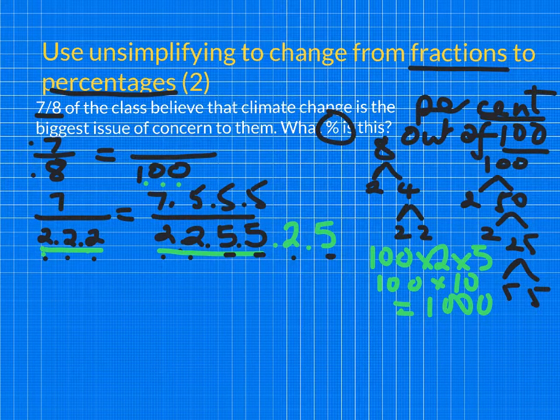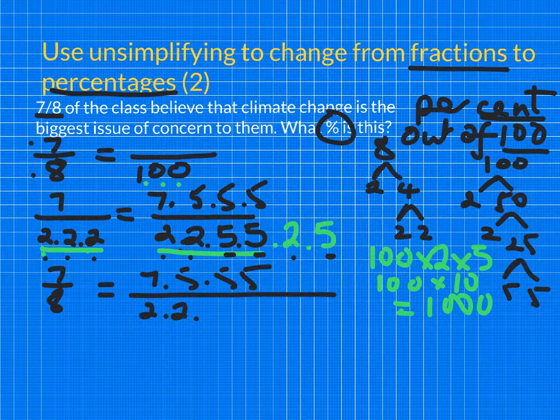Okay, so let's just have a look at this. So this is now 7 over 8, and let's just see what's going on here. We have got a 7, a 5, a 5, a 5. We've got a 2, a 2, a 2, a 5, a 5, a 5.